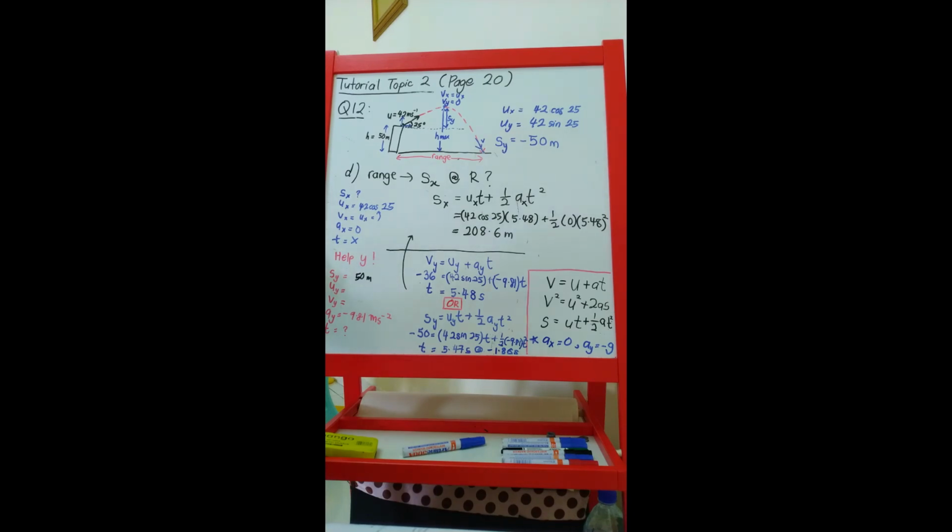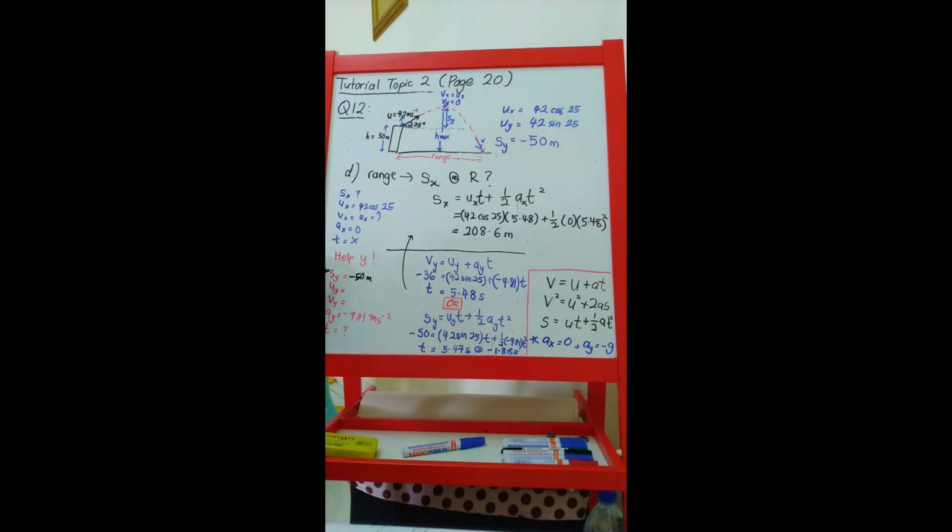So the time is from here to here, therefore we need to choose the initial point here and the final point here, therefore Sy is 50 meters. Negative, because the final position is below the initial.